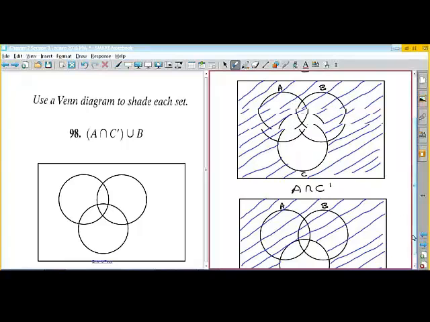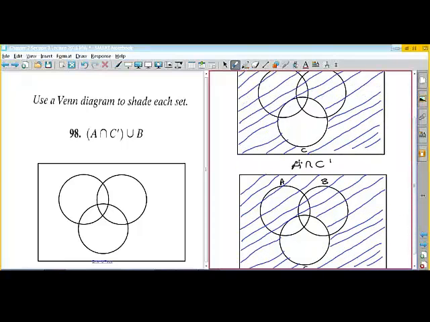So I've already got C prime down. So I'm going to use a different color, and I'm going to represent this set, and then I'm going to look at the operation. So I'm going to use red, and I'm going to do it in this direction. The red lines represent set A, everything that's in set A.